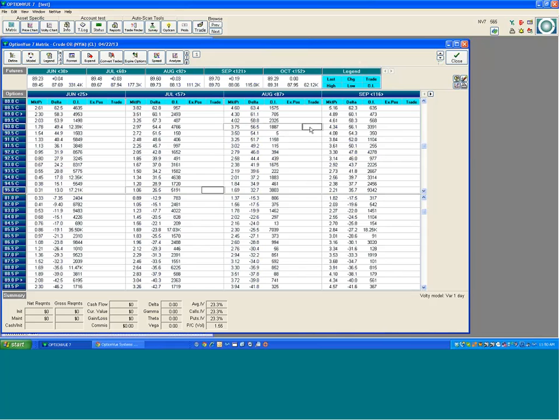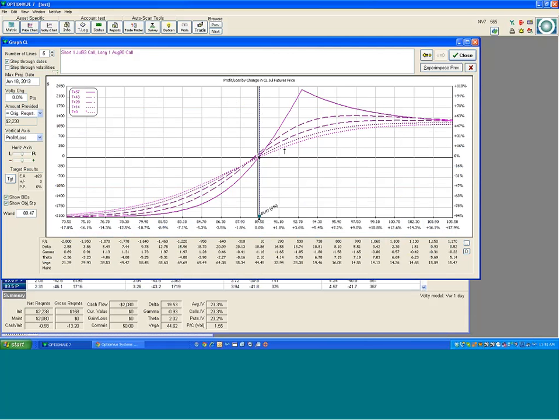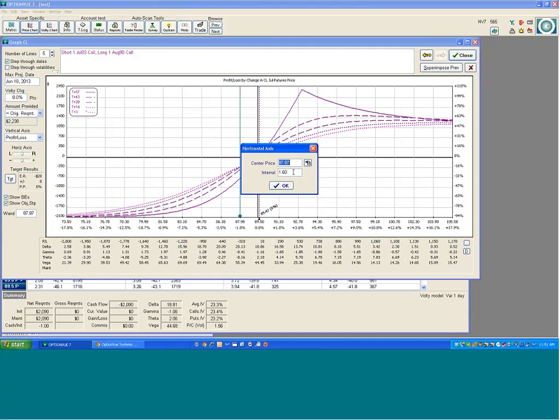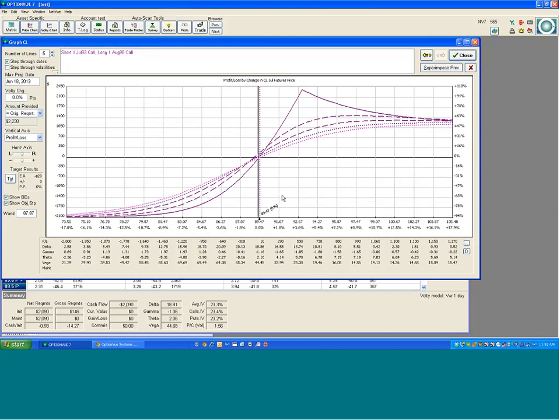Let's say that you were long the at-the-money August call, and you were short the 93 call. So you were bullishly oriented with a positive vega factor. And let's say that the market moves against you and it drops down to 87.90. That's about a 160-point move in crude oil against you.